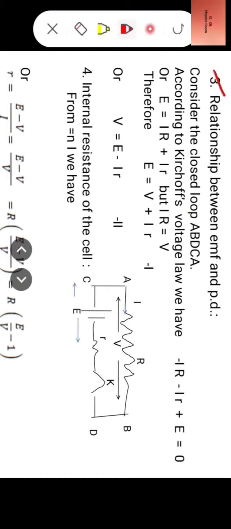3. Relationship between EMF and PD of a cell. Now consider the closed loop A, B, D, C, A. According to Kirchhoff's voltage law, we have voltage equation as minus I into capital R minus I into small r plus E equal to 0, or E is equal to I into capital R plus I into small r, but I into capital R is V according to Ohm's law.